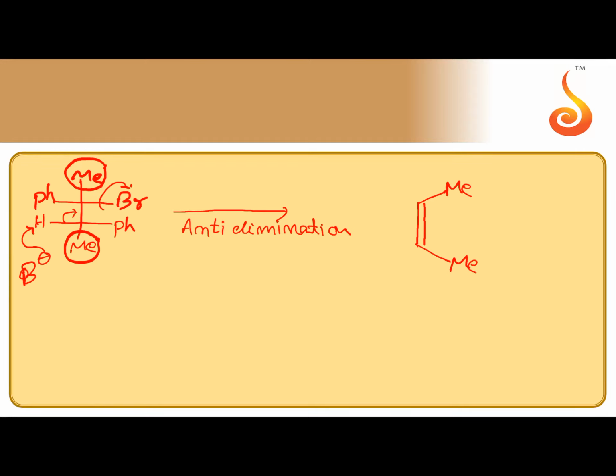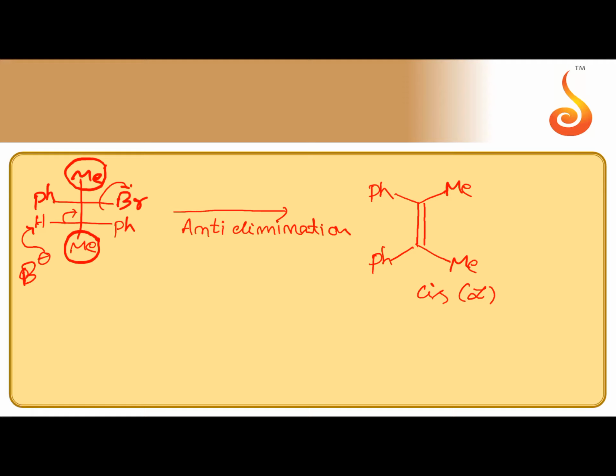Remember, whatever the groups present on vertical line in Fischer projection formula, push them onto one side, and the remaining Ph here Ph. So this is nothing but cis isomer.